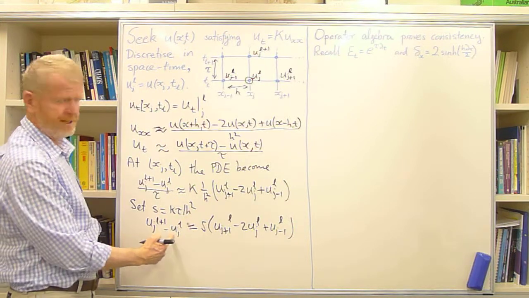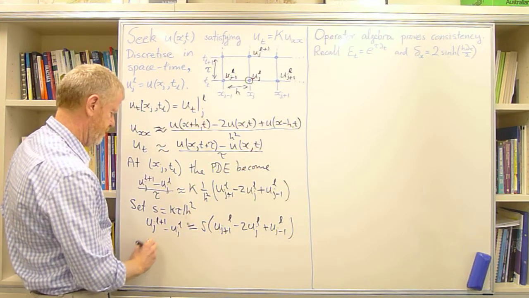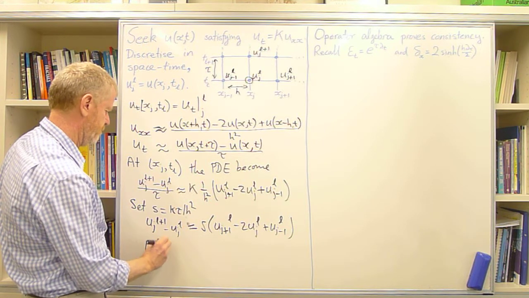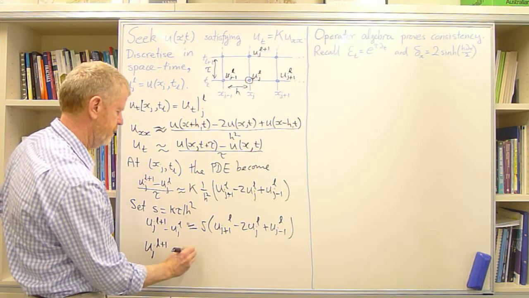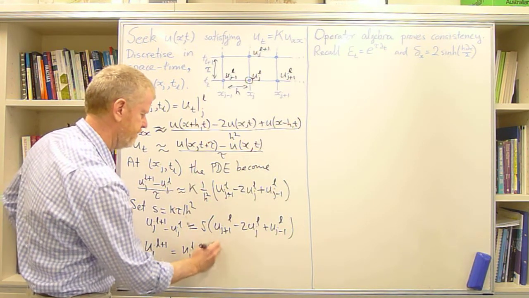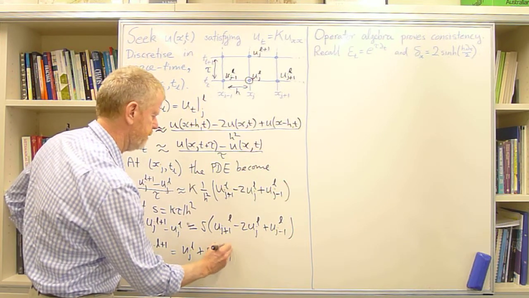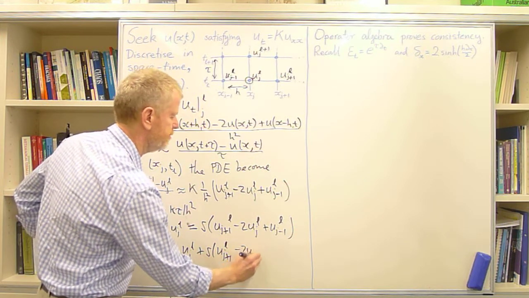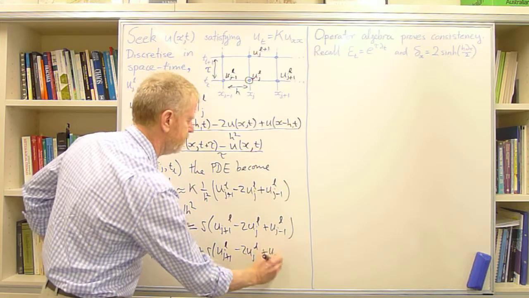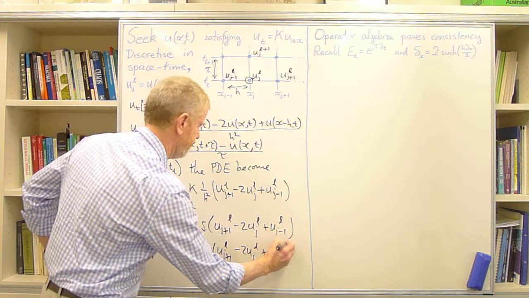And finally, just move that term over to the right. u j l plus 1 is u j l plus S times u j plus 1 l minus 2u j l plus u j minus 1 l.